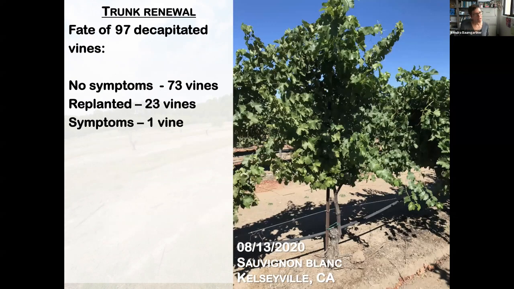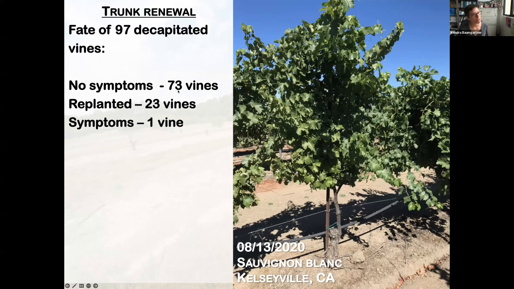And then when we came back, this just shows a picture of one of the vines in 2020. But when we tallied these vines, these are numbers of the original 97 decapitations they went through in 2018. These are numbers of who all survived. And these come from just this past growing season of 2022.